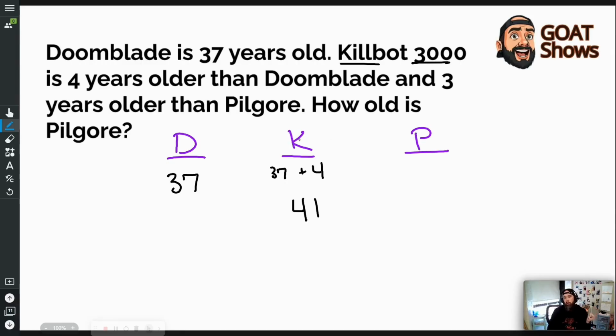So if Killbot 3000 is 3 years older than Pilgor, that means Pilgor is 3 years younger than Killbot. So we're going to take Killbot's age of 41, and take away 3 years from that. 41 minus 3 is 38. How old is Pilgor? Pilgor is 38 years old.